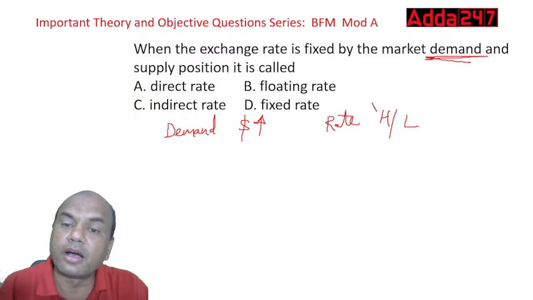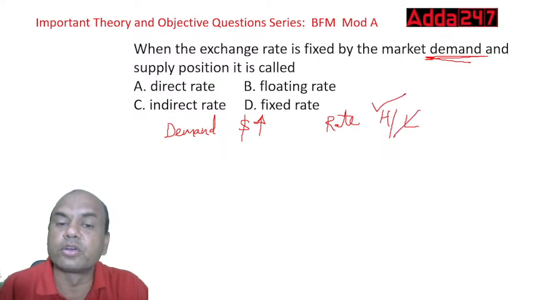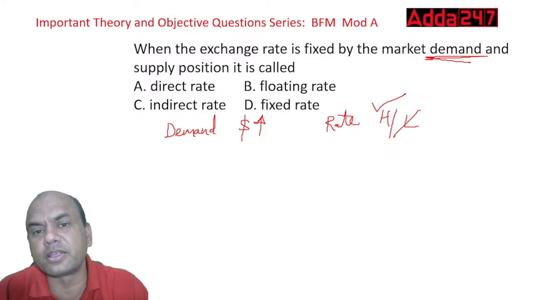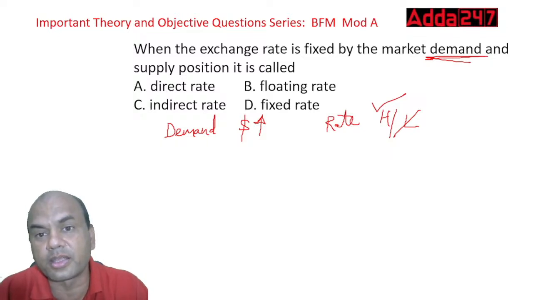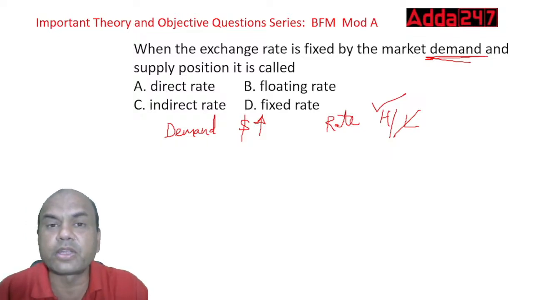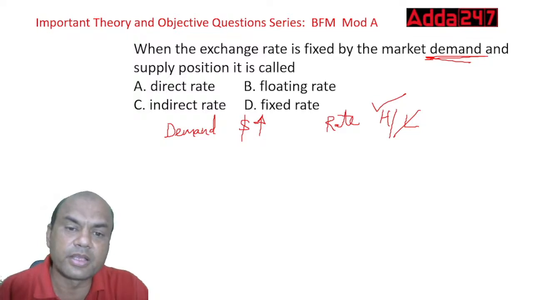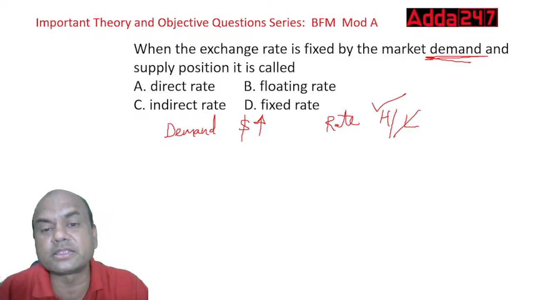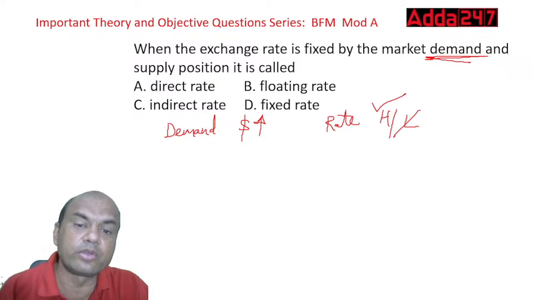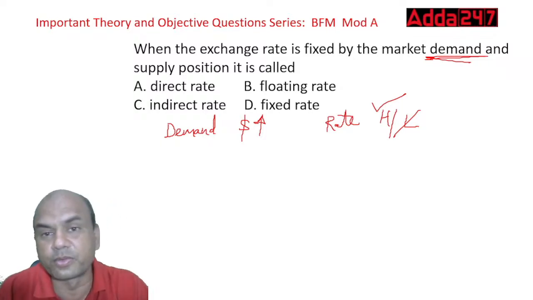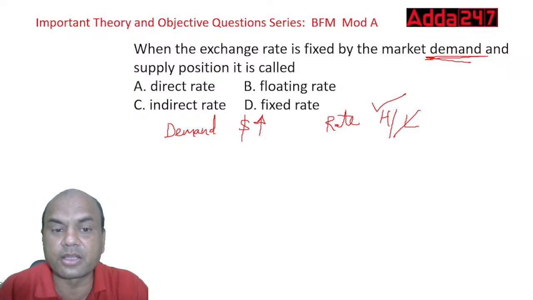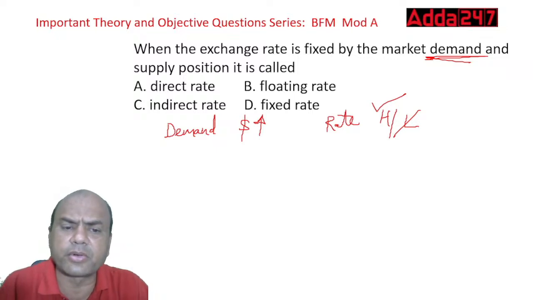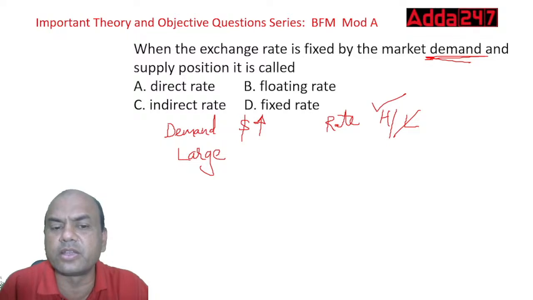It is high, correct? See, our logic is very simple. If the demand for any commodity is high, the rate for that commodity will go up, right? When does this happen? This happens when you have huge fund flows coming in. Suppose in India, there are large amounts of dollars coming in. Everyone is investing dollars.